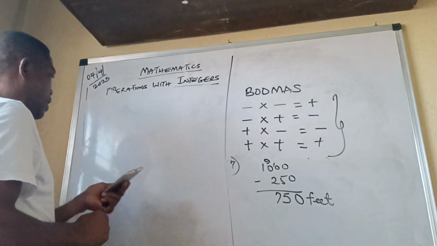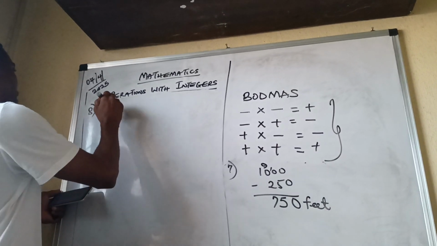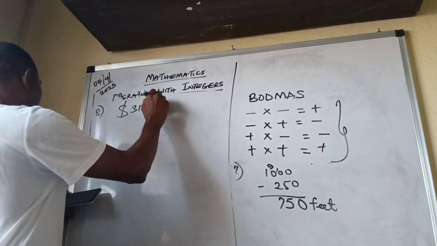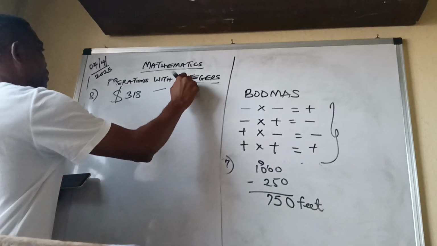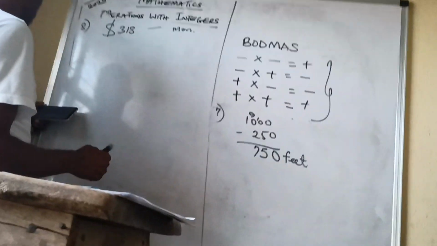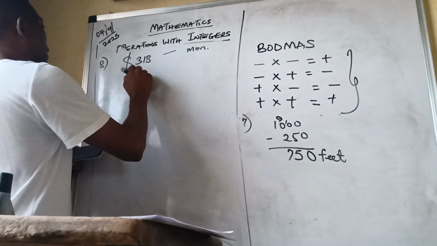Question 8. So she had $318 on Monday. Then, in her checking account, on Tuesday she withdrew $60.